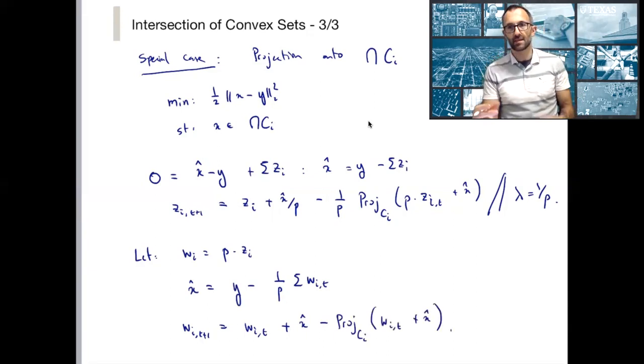So you see that this is a way we're projecting onto each individual CI separately. So assuming that projection is easy, you're doing those projections separately and then combining them to form x hat and combining them to form the next iterate, t plus 1.